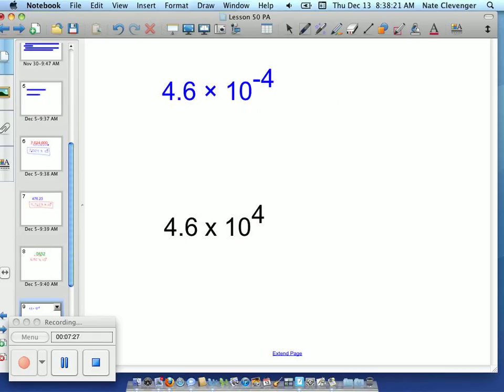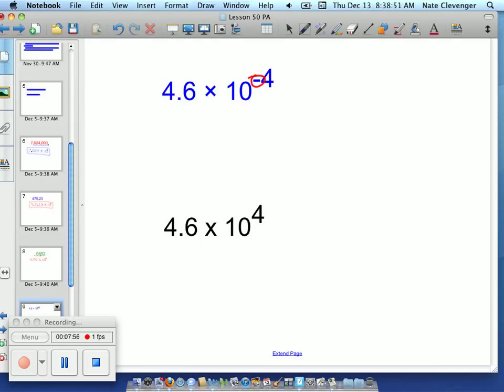All right, so let's change both of these now from scientific notation into standard form. Alyssa, looking at this, it has a negative exponent. So what does that tell us about the type of number we began with? Okay, it's going to be a decimal value, isn't it? We're going to move it to the left and give us a value that's less than 1.